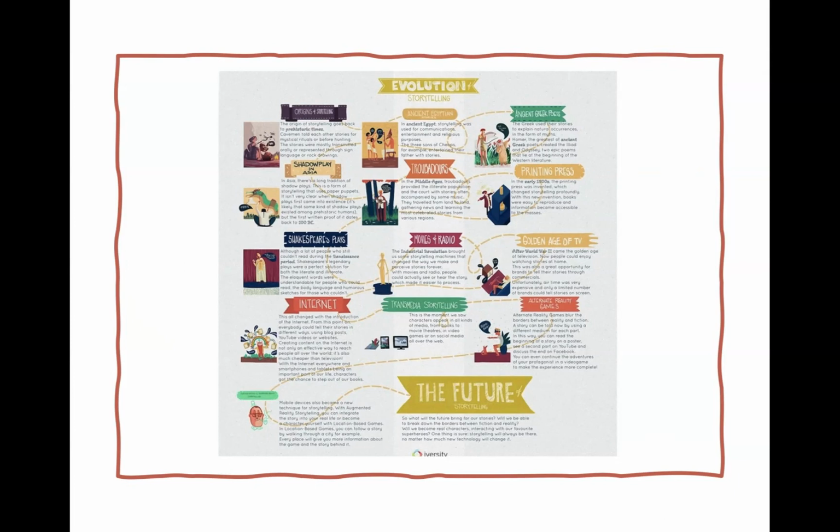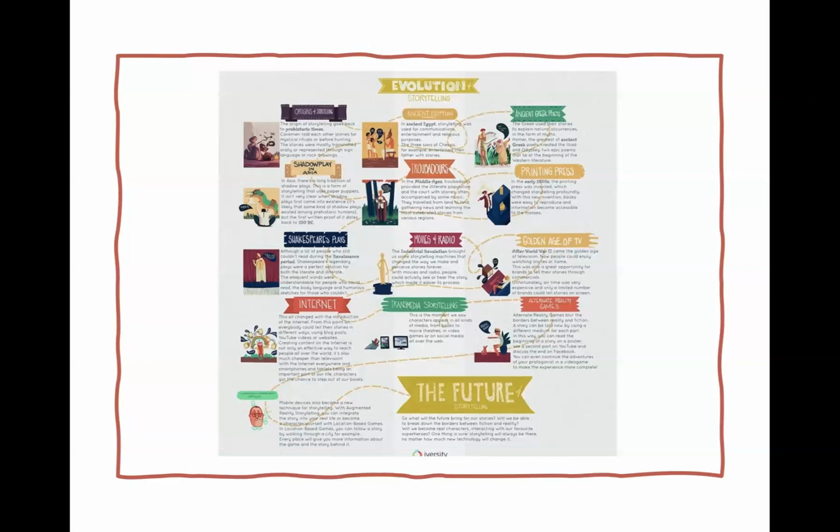So it starts with the cave paintings, then we go into ancient Egypt with hieroglyphics, then we go into the ancient Greeks and their plays. Then they had shadow plays in Asia. Then we get the troubadours, Shakespeare, and the Globe Theater.